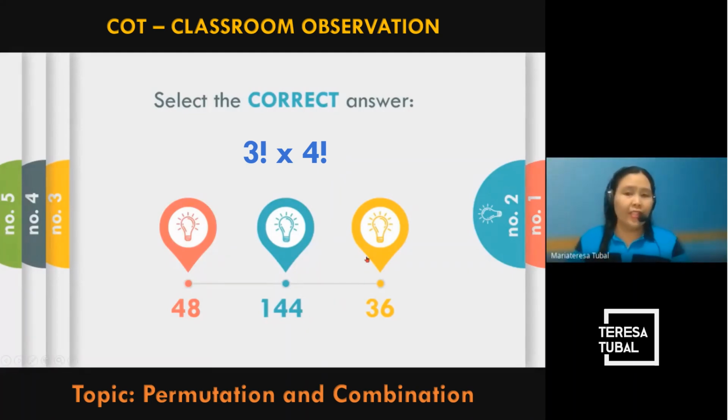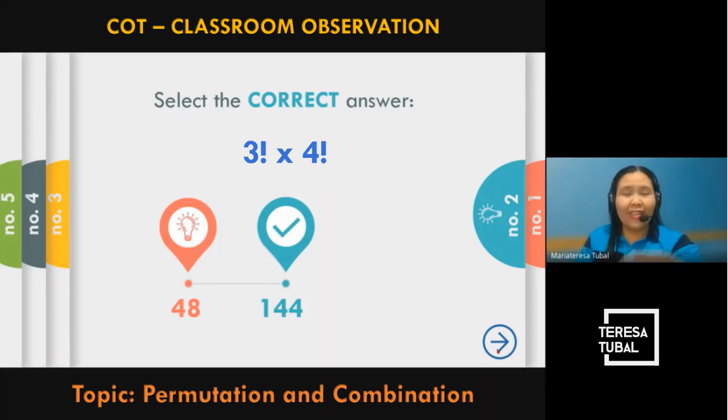Let us see if 36 is the correct answer. Sorry, 36 is not the correct answer. So you have two choices, that is 48 and 144. 144, ma'am. Let us see, that is 144. Okay, correct.